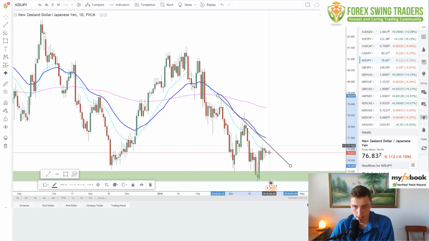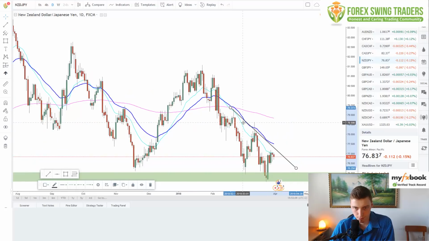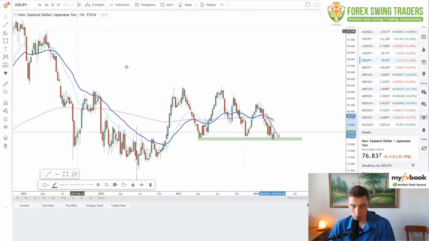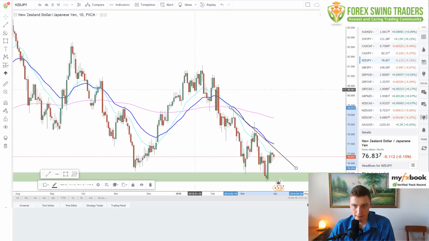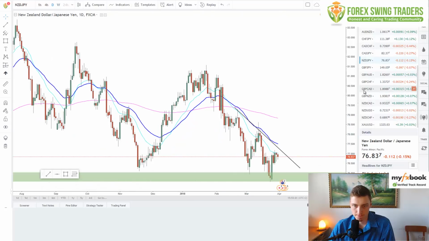Okay, and then I'm personally interested in buying. But still I prefer more trend trades, sort of a bounce trade out of a support. I'm really more of a trend trader. Okay, so that's it. And another area which is very interesting is this one.